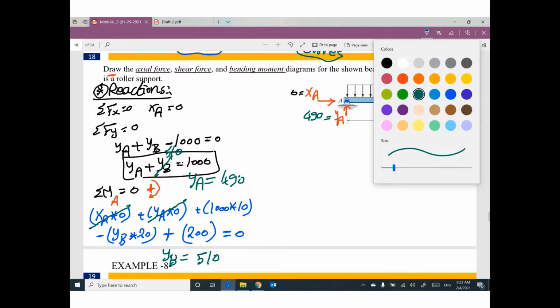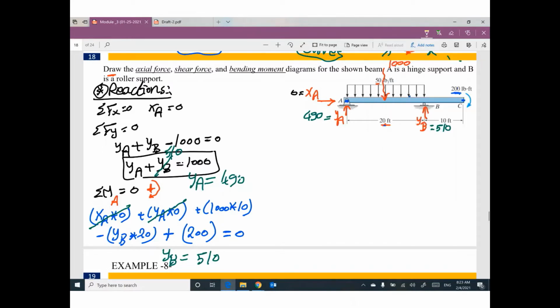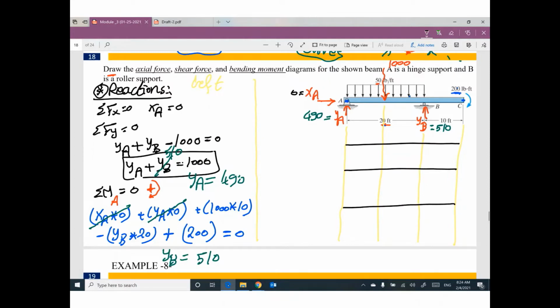Guys, keep it in your mind during the exam. Please try to do the calculations for reactions on the left side, and leave this space free. Why? Because I'm going to draw vertical lines and draw three copies: one for the normal force diagram, shear force diagram, and the bending moment diagram.